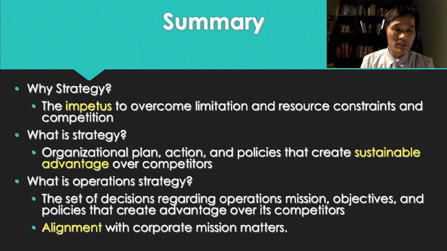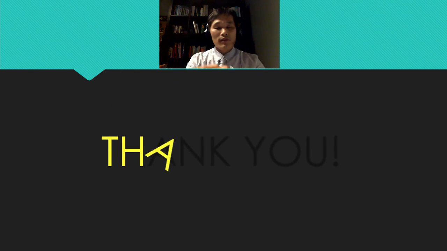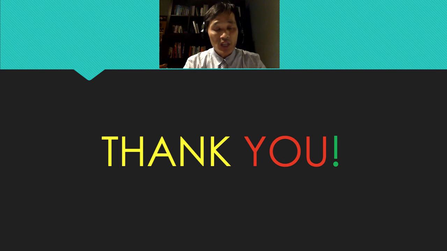We also learned that productivity is the primary measure to gauge the value that operations activities create. Thank you for watching these video lectures, and I hope that after watching them you are convinced that operations strategy is capable of creating competitive edges for companies.